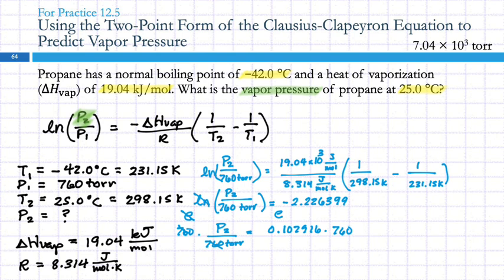And I did something wrong, because I'm getting 82, which is not the correct answer. What did I do? I'm just going to run it through my calculator again.